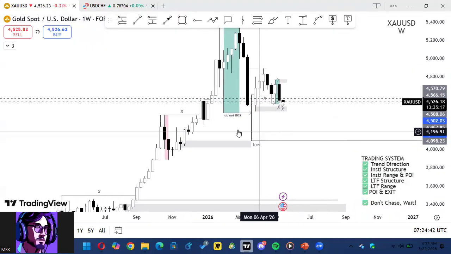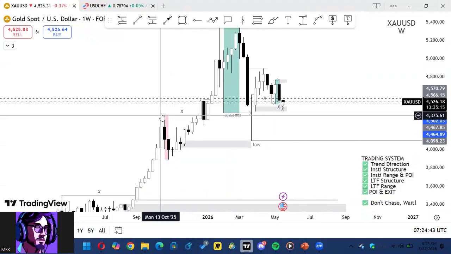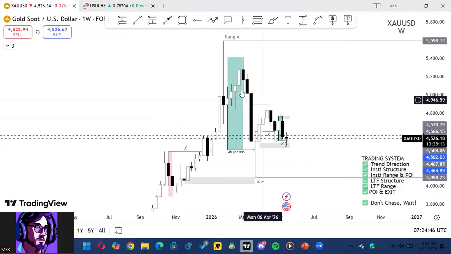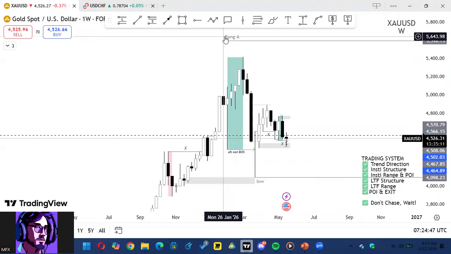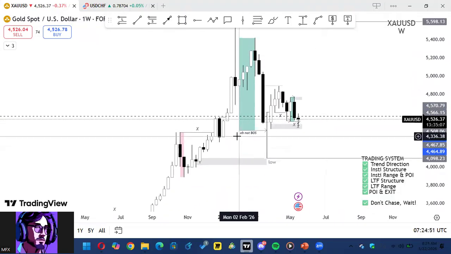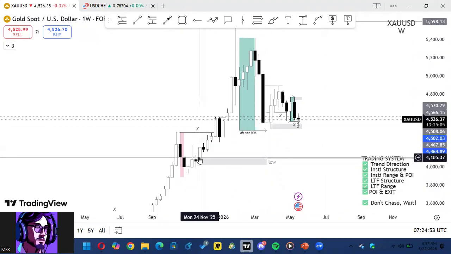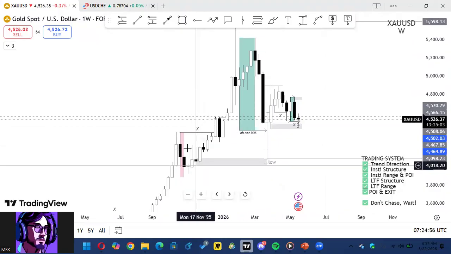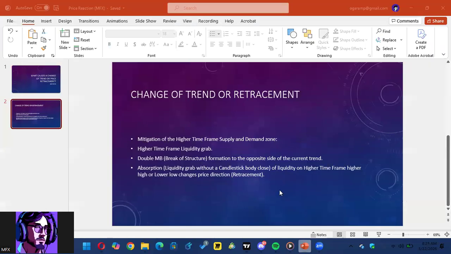We could see that we had this range, this was our current range, and after this rejection of price, we had the mitigation of this range POI. If you remember in our previous video, we talked about what causes a change of trend or retracement.